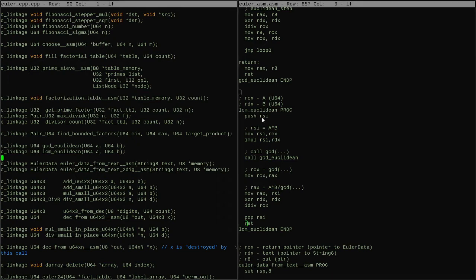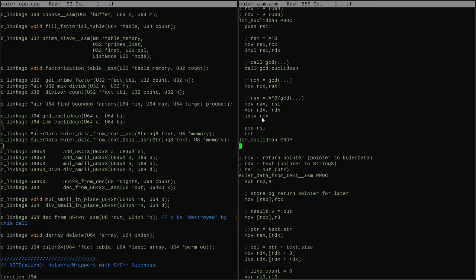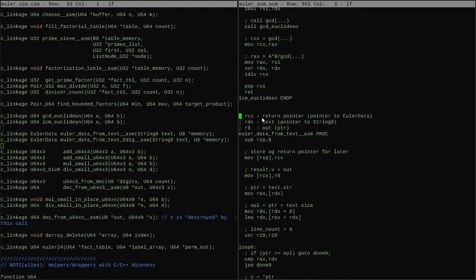Yep, that looks good. So this is an Euler data pointer. This is a string 8 pointer. This is a U8 pointer.